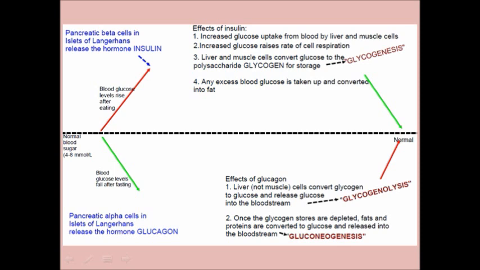Finally, don't think of this as an either-or situation. The body is very good at doing these balancing acts, and what's actually happening is that glucagon and insulin are continually being released from the pancreas. But it's the relative amounts and proportions that change.